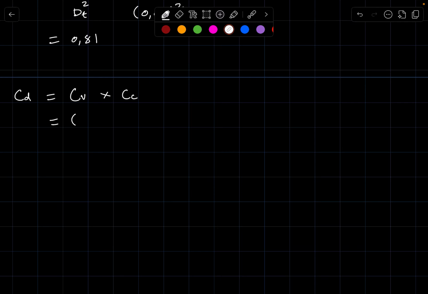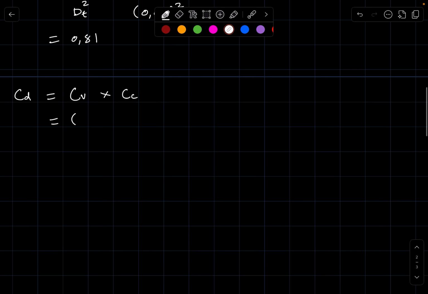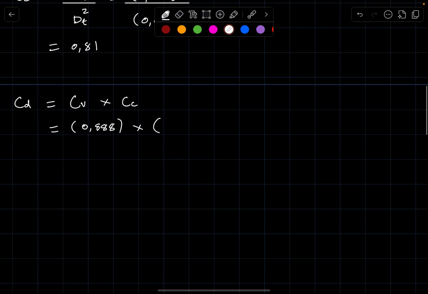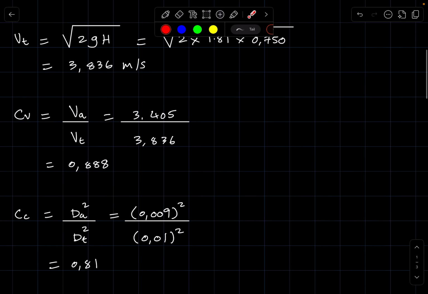And CV is equal to 0,888, CC is 0,81. And then if you punch this in your calculator, this is going to be 0,71719, right? So if you used the other approach, you should get approximately the same thing, could be 0,72 something. Either way, approximately it will be the same, right? And that is how we approach such questions.